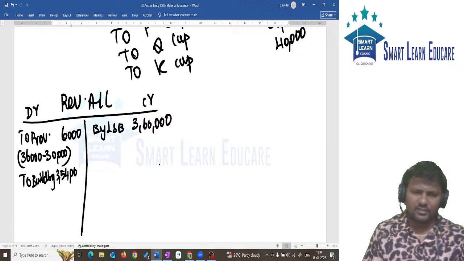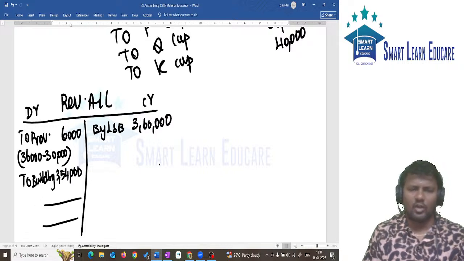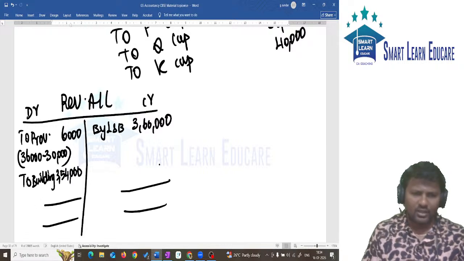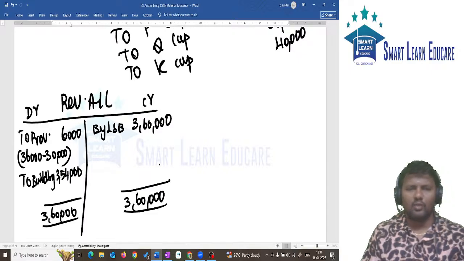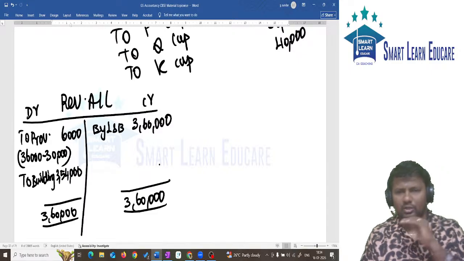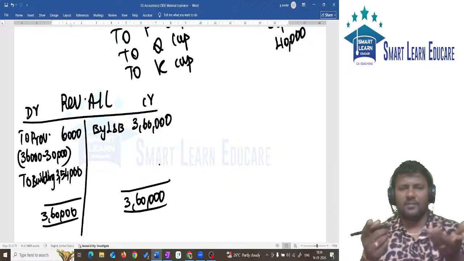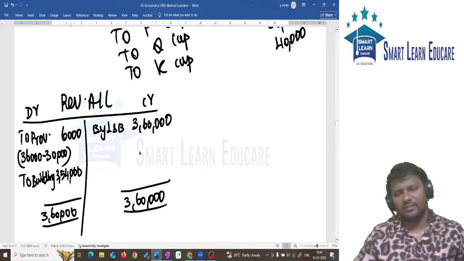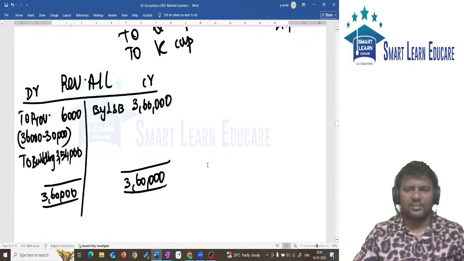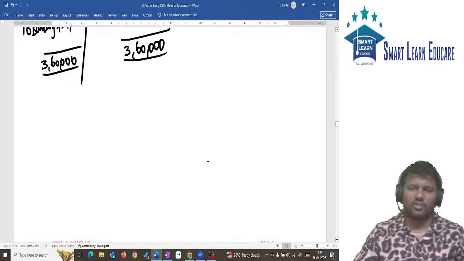It means there is no profit or no loss in case of revaluation. Revaluation debit side total is also 3,60,000. Revaluation credit side total is also 3,60,000. Your debit side total is equal to credit side total. Whenever debit side total is equal to credit side total, there is no profit or loss on revaluation. So revaluation also over.